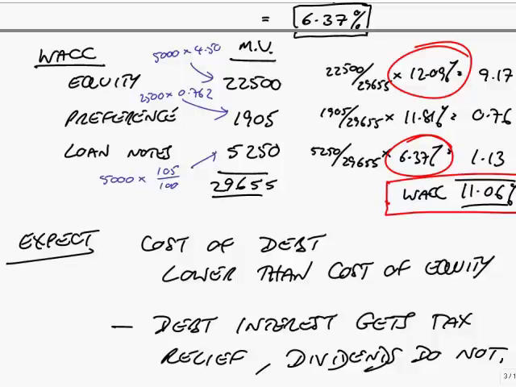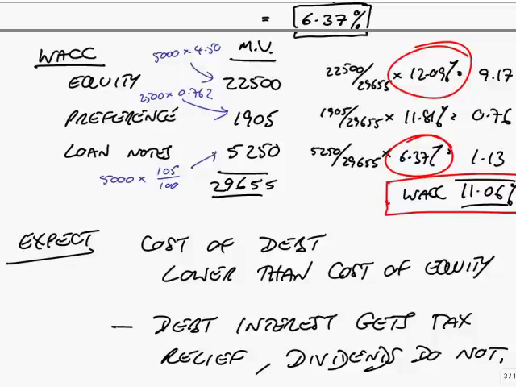But what makes preference less risky than ordinary is preference shares, again, get a fixed dividend. Was this 9%? So they get their 9% a year. Ordinary shares, whatever they might be expecting, they know it might be higher, might be lower. You would agree? So you'd expect preference to be lower than ordinary.